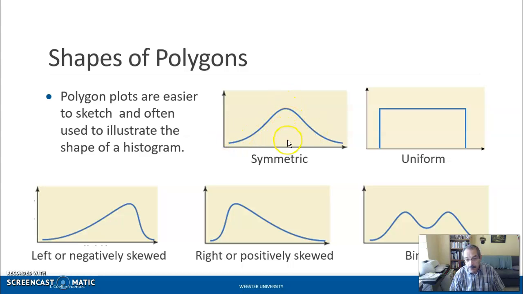I mean, if you mark the center point and you fold it over that middle point, then you will see the two sides are identical. And the uniform is just a rectangle showing that the frequency is constant. And this will be a sketch of a negatively skewed or left skewed distribution. And this will be right or positively skewed distribution. And this will be like the bimodal distribution.